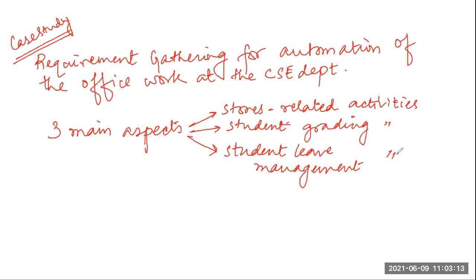For student leave management, he can talk with the clerk and the students attached to this activity, right? For each task, they asked the clerks to brief them about the steps through which these activities are carried out. The analyst will also inquire about the various scenarios that arise for each such task.